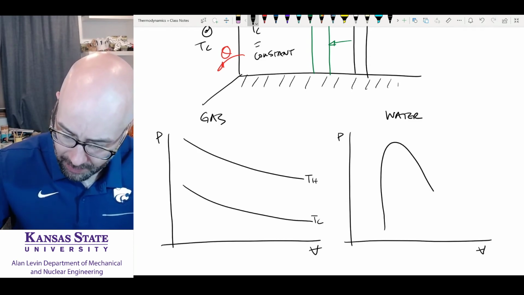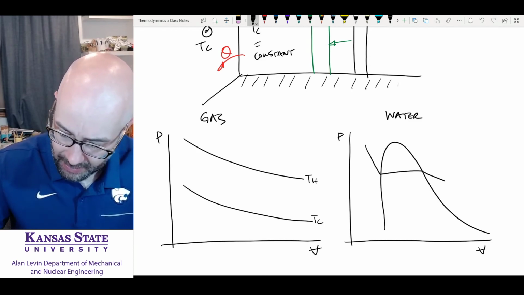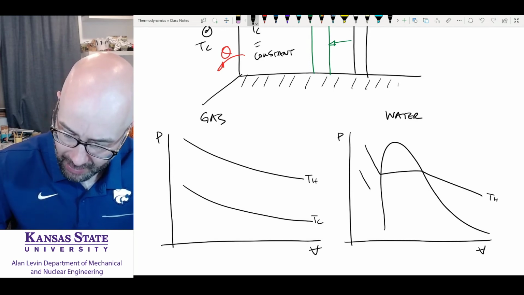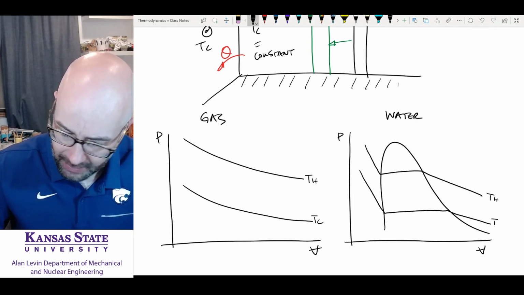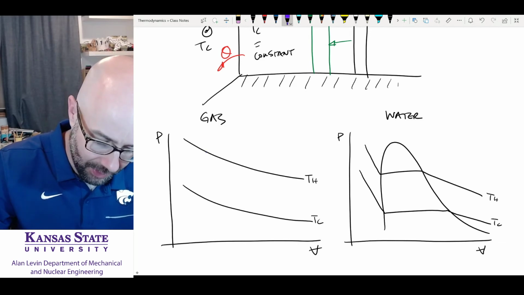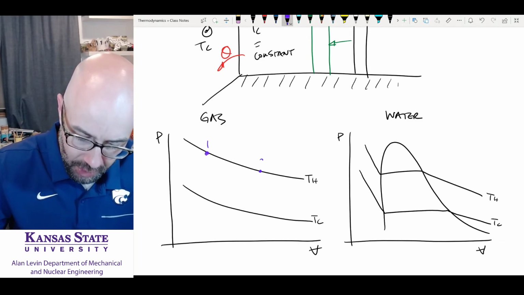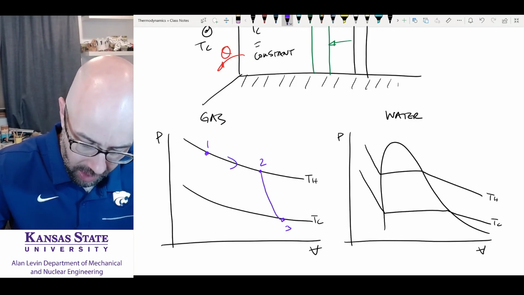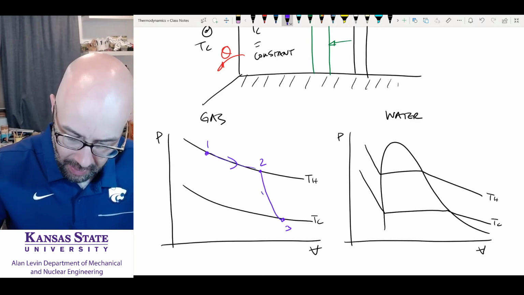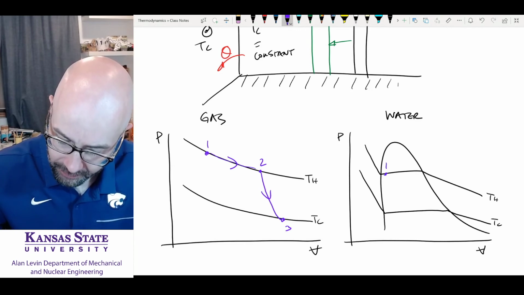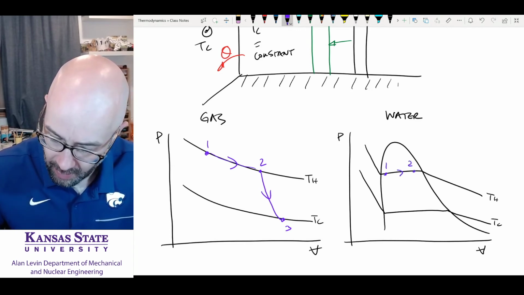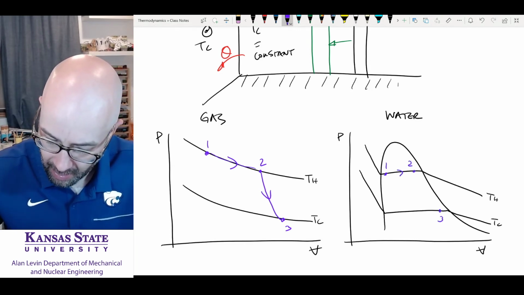Here we have our vapor dome, and we have our TH, and we have our TC, and we look here, and we have our states 1, 2, 3.